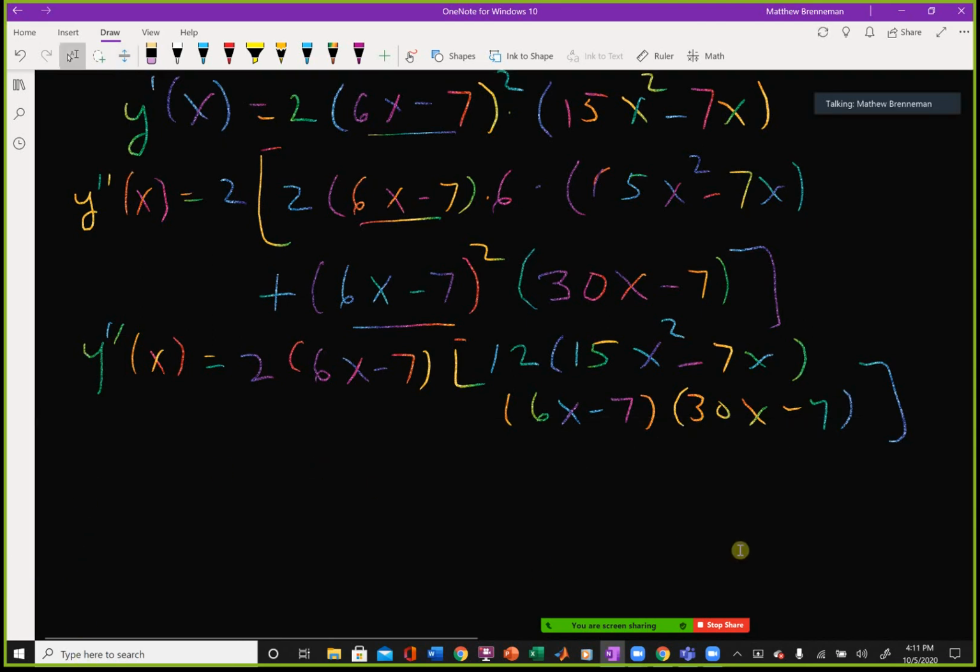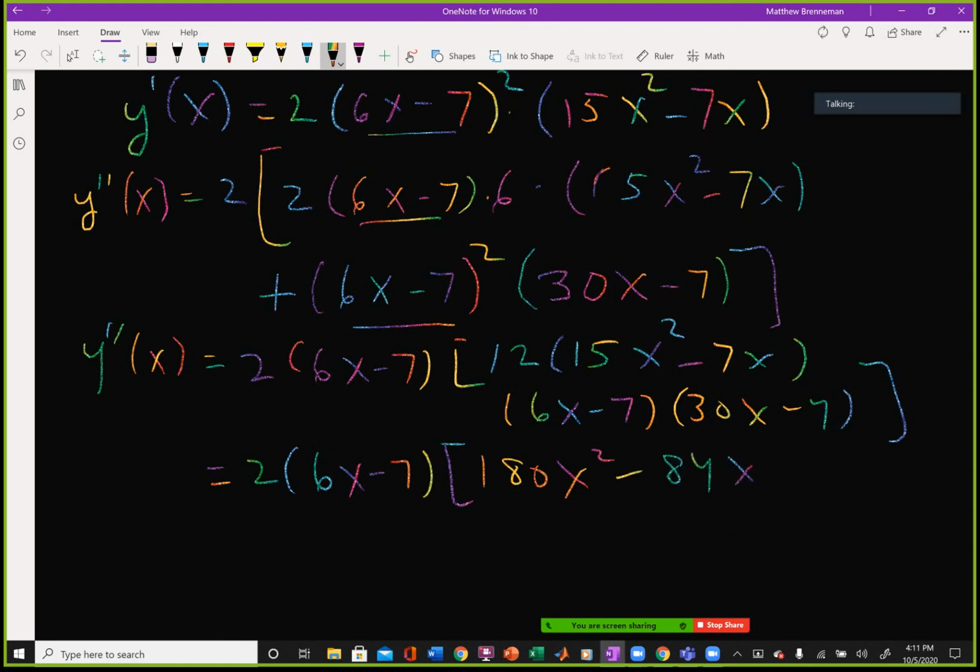And so the first term's not hard. I just distribute the 12, right? So I'm going to get 2 times 6x minus 7. And 12 times 15 is what, 180? So 180x squared. 12 times 7 is going to be minus 84x. And then we have to do a little foiling down here for the second quantity, right?